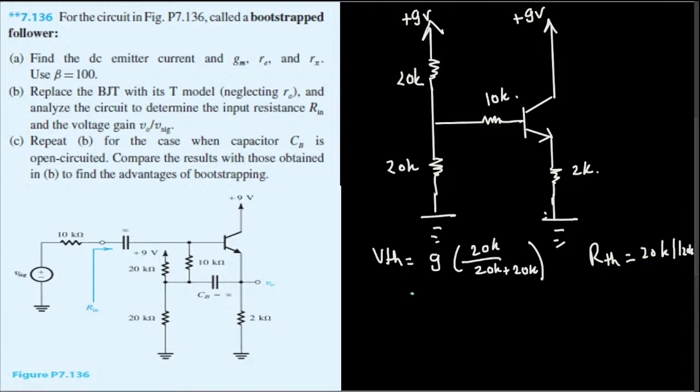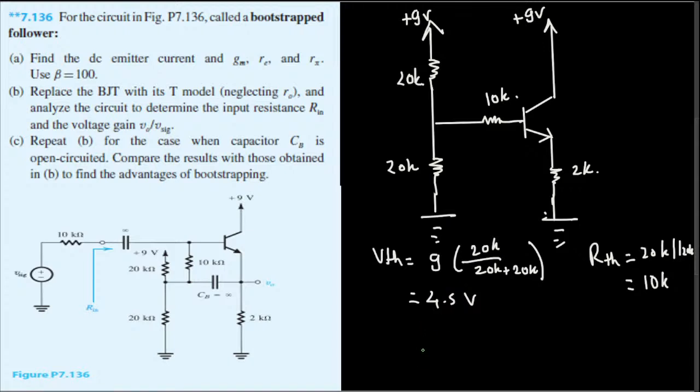If you calculate this, you end up getting V Thevenin to be 4.5 volts, and R Thevenin to be 10k ohms. If it's parallel, that's product over sum, so 20 times 20 divided by 40, that is 10k ohms. So now we can draw the equivalent circuit.